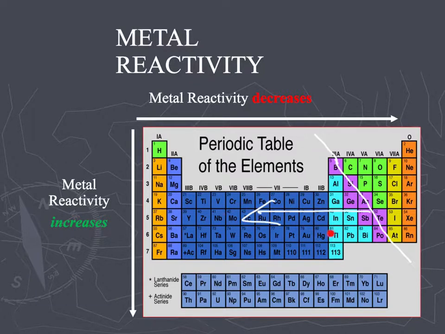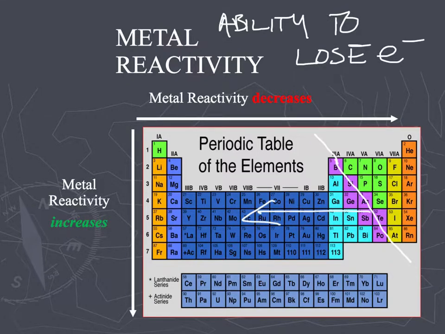We're going to define metal reactivity as the ability, or the ease, at which a metal can lose electrons. Because what a metal wants to do is lose electrons to gain a more stable electronic configuration.